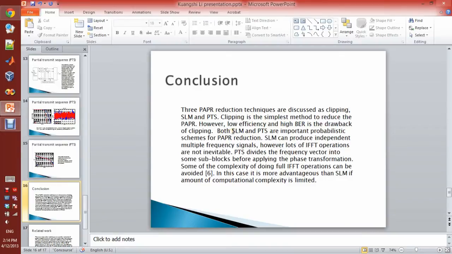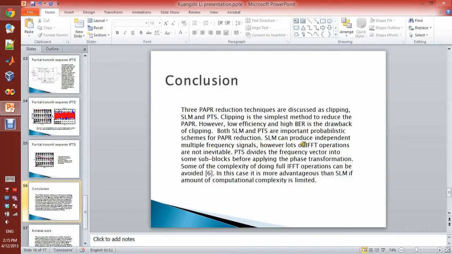Both SLM and PTS are important probabilistic schemes for PAPR reduction. The basic idea of both is to increase the randomness of the signal to find a small PAPR. SLM can produce independent multiple frequency signals.